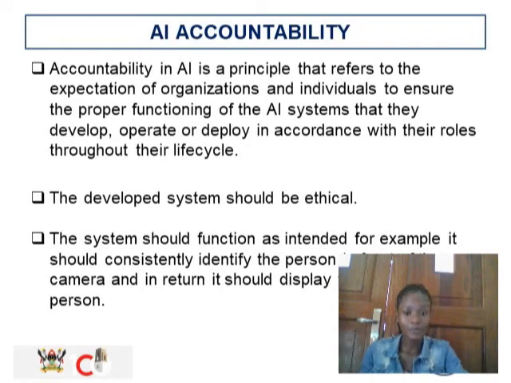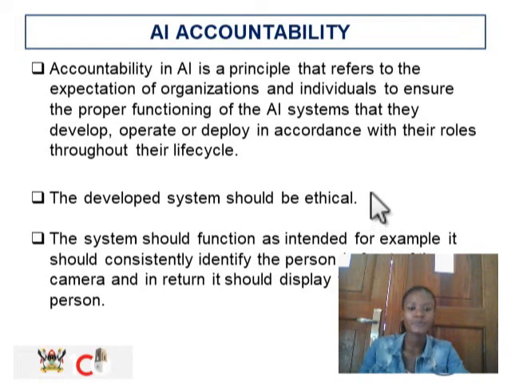It could be the developers, the people who developed it, or maybe the end users of our system. So in the process of developing this system, we developers have to put it in mind that we should be very careful. We should make sure the output of our system is ethical, not unethical, and produces the good results we intended.